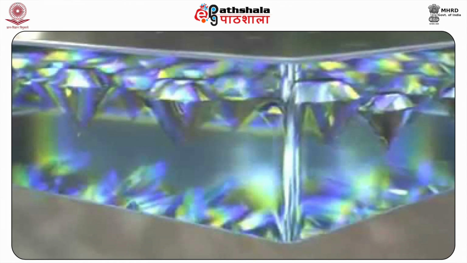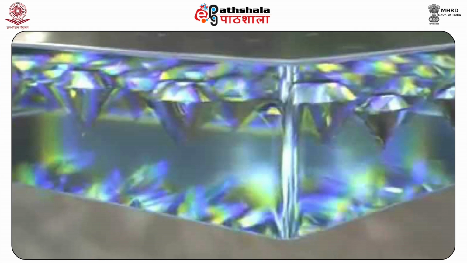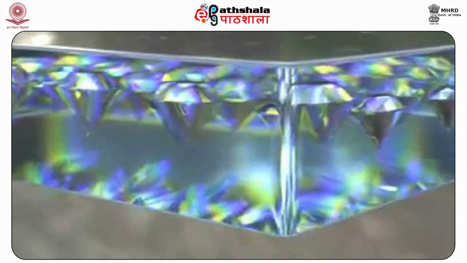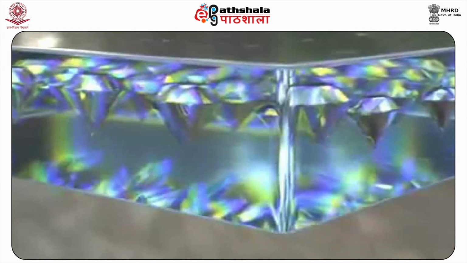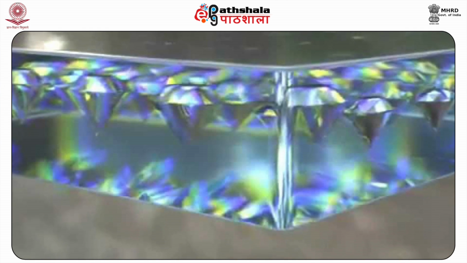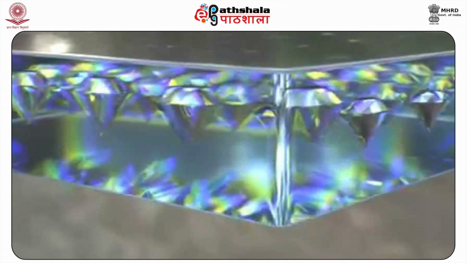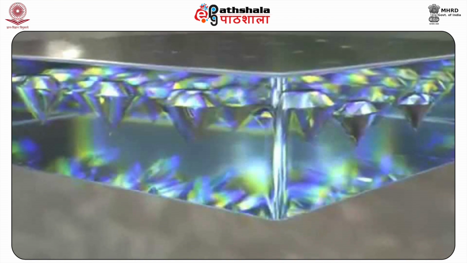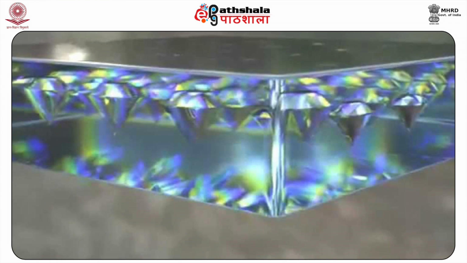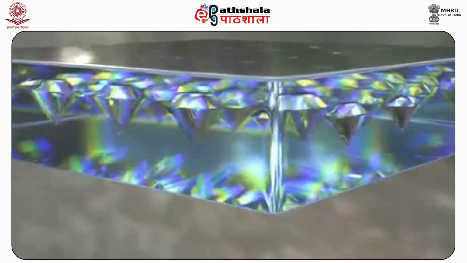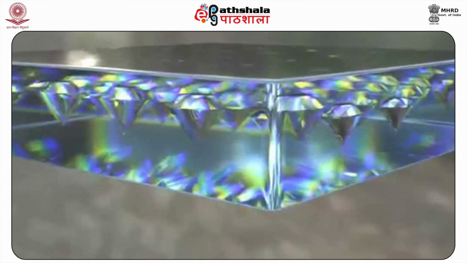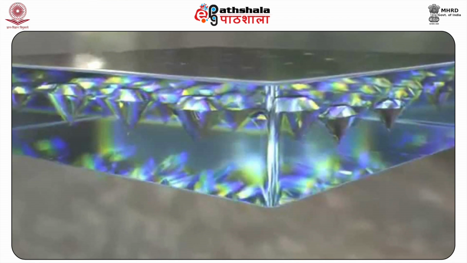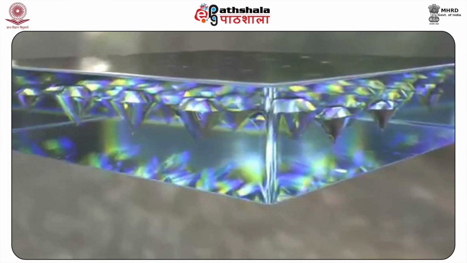Dispersion. All transparent objects like glass slow down the shorter wavelengths of light more than the longer wavelengths, and thus the refractive index is higher for shorter wavelengths than for longer wavelengths. This process is called dispersion.